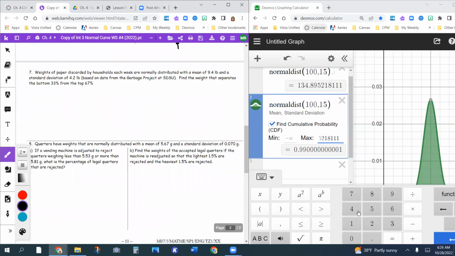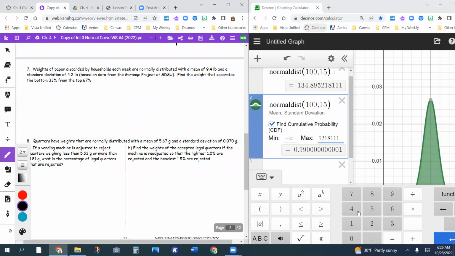Weights of discarded household paper. Weights of paper discarded by households each week are normally distributed with a mean of 9.4 pounds and a standard deviation of 4.2 pounds.